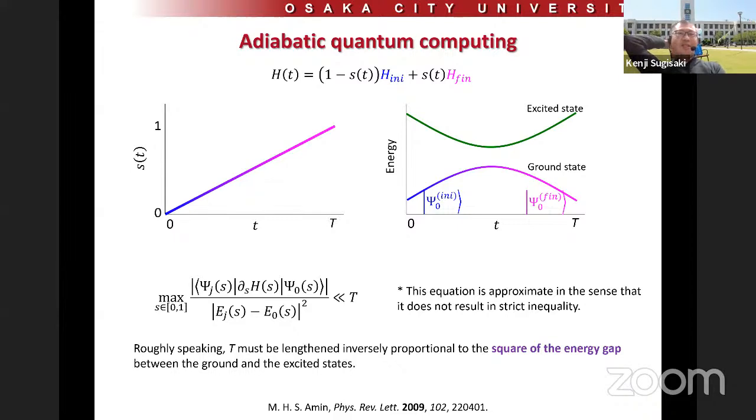So let us think about the Fock operator. In this case, roughly speaking, the energy gap between the ground and excited state in the initial Hamiltonian is the HOMO-LUMO gap. And of course, the energy gap in the final Hamiltonian is the energy gap of the FCI wave function.